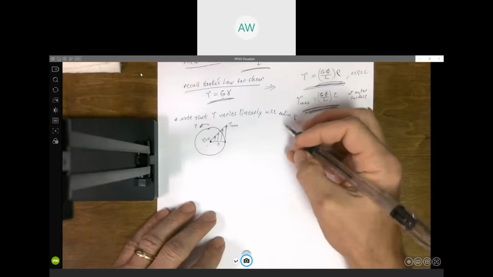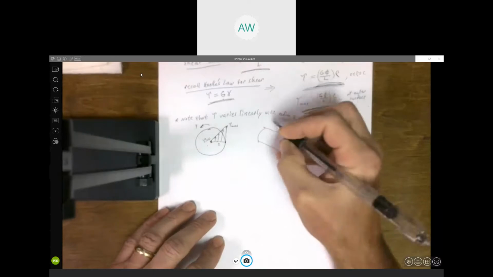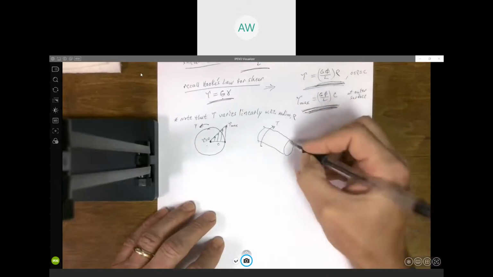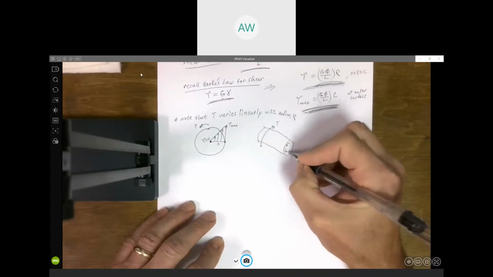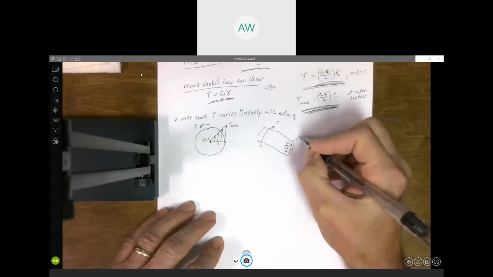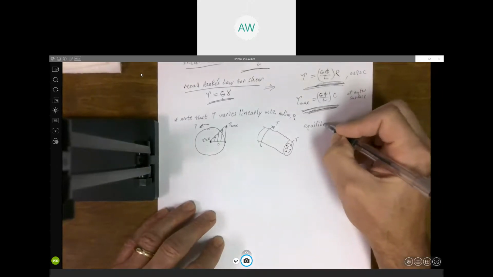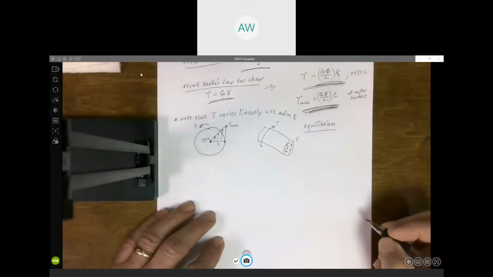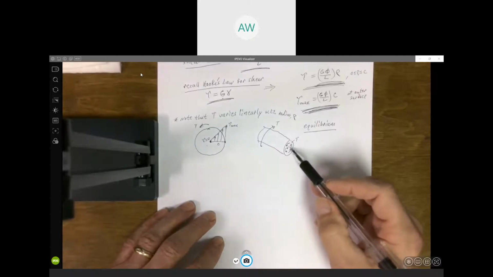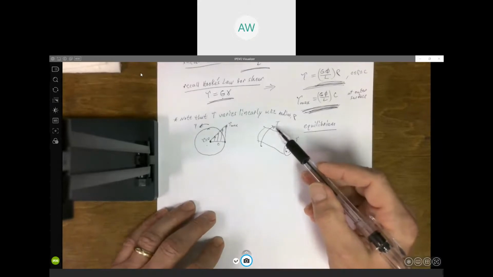So if we're looking at this shaft, and let's go different this time. We've got the shear stress, tau, acting on that surface. Well, if this thing's in equilibrium, then the shear force associated with this shear stress has got to cause a moment equal to whatever the torque is, right?